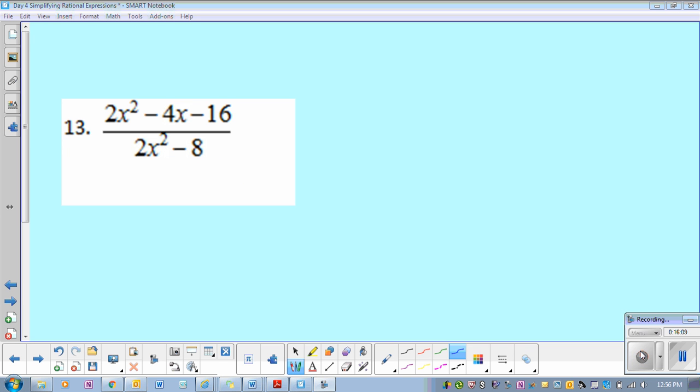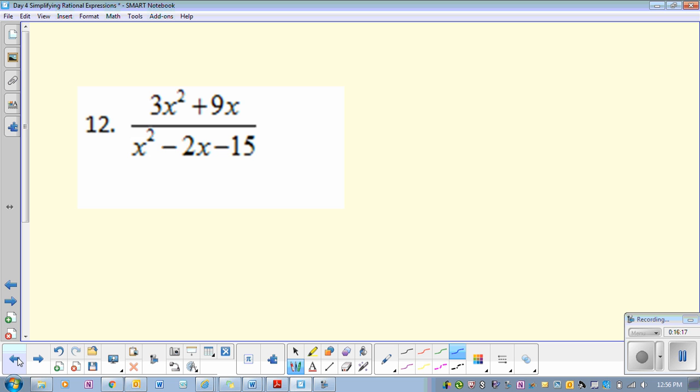Okay, so let's look at the next one. 3x squared plus 9x over x squared minus 2x minus 15. Factor. You have to. You must factor everything.